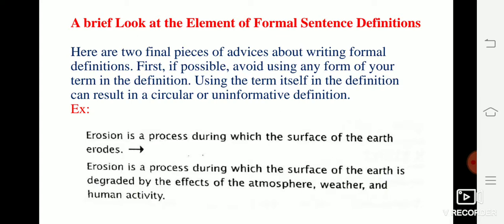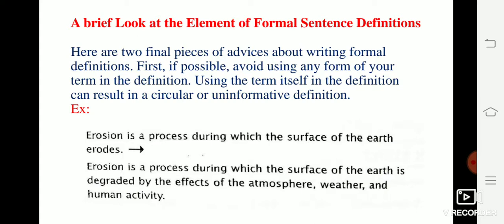erosion is the noun, but then in the definition you use the word erodes, which is not so informative, because the word erosion is already in the same word family as erodes. So you need to do it like this. Look at this.